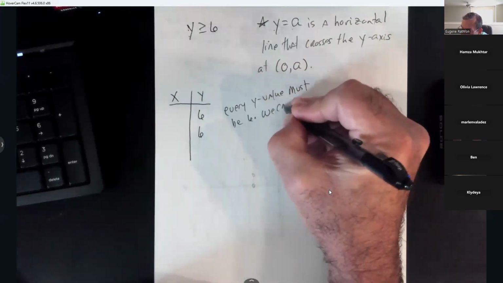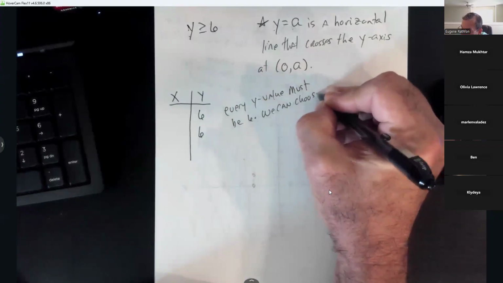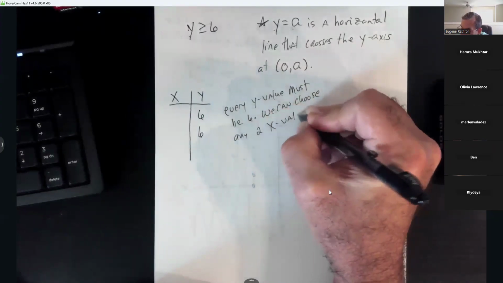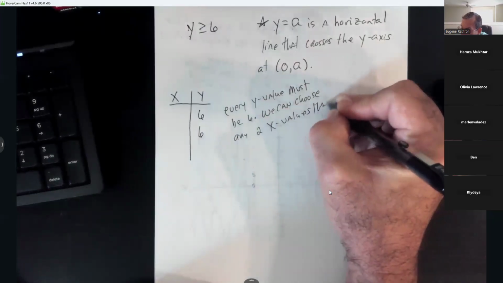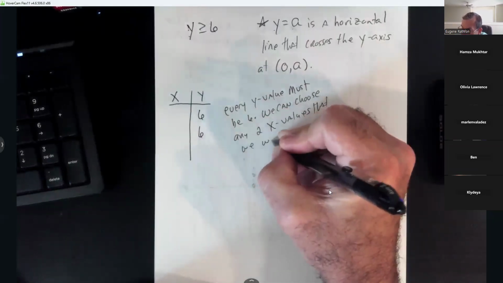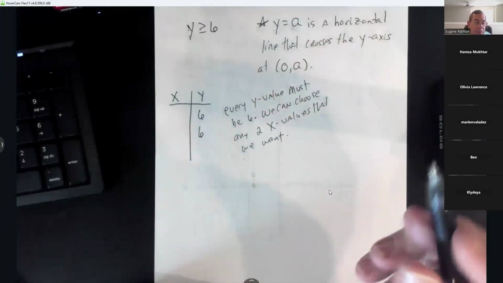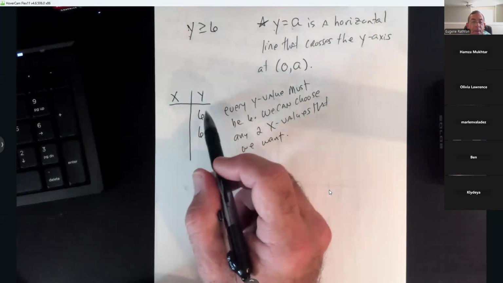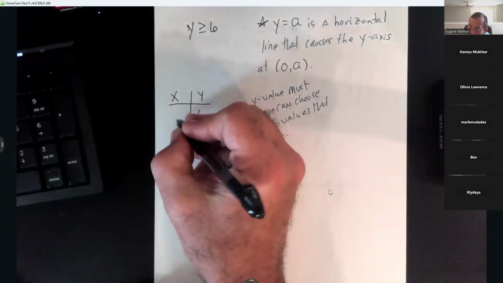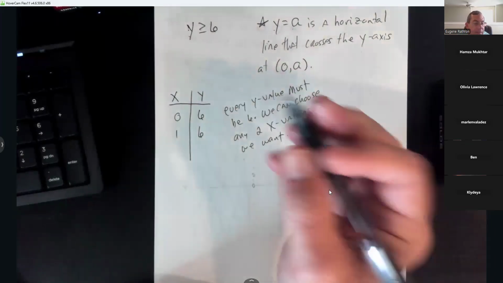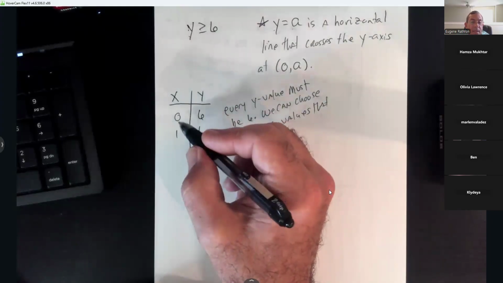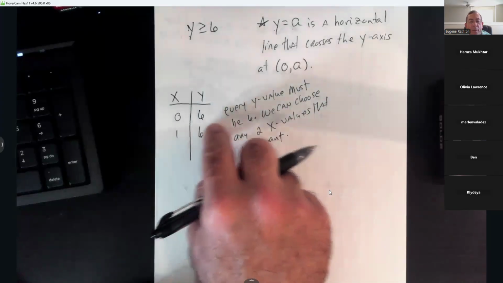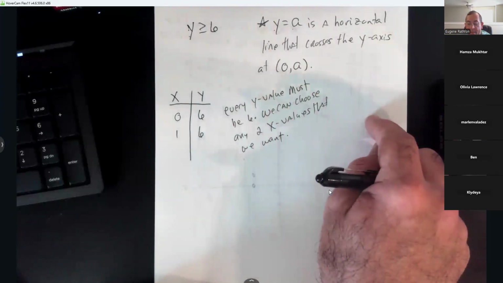We can choose any two X values that we want. Just like on the X's were the same, we choose 0, 1 if we wanted. Here the Y's are all the same. So you could use 0, 1 for your X's. You could use 4, 6. It don't matter what X value you plot. We're still going to get a horizontal line.